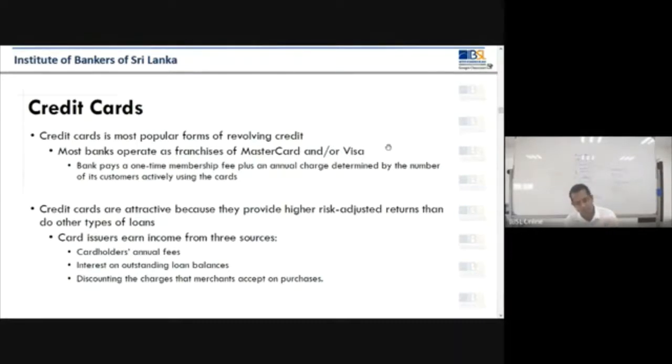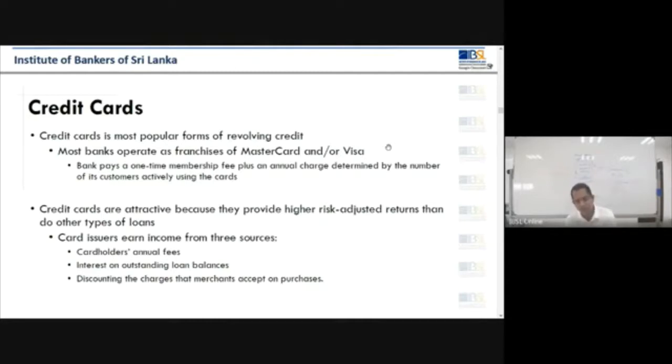So on credit cards, the bank earns from several income sources: joining fee, then annual fee, and on outstanding balances the bank will charge interest. Then when you use a credit card, there will be a discounted amount, a charge from the merchant side, not from the customer side.